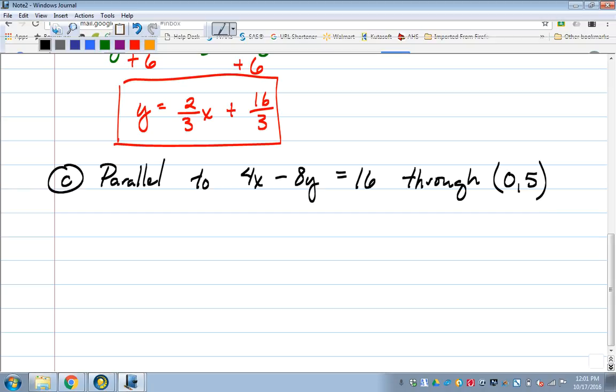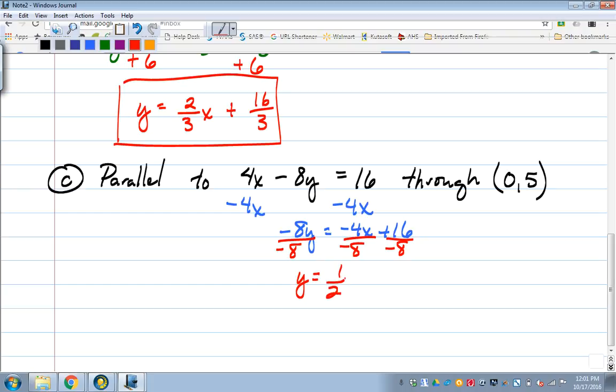Subtract 4x and then divide by the -8. Get y by itself in that equation. Get it in slope-intercept form. So we're going to subtract 4x, be -8y equals -4x plus 16. And then we would divide that by -8. So y is equal to 1/2 x minus 2.